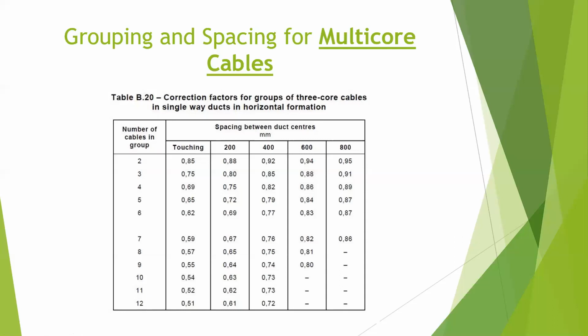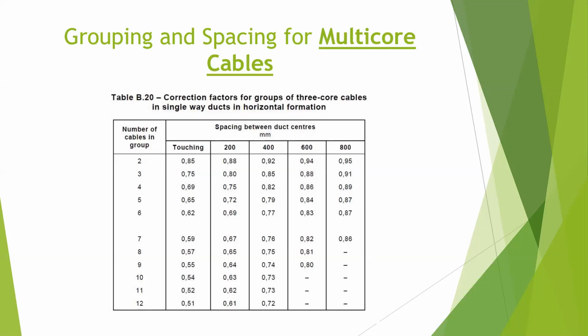So you are going to have two runs of the same cable to support that load, but that kind of thing we are not going to consider as a cable group. Cable group is only for separate circuits.